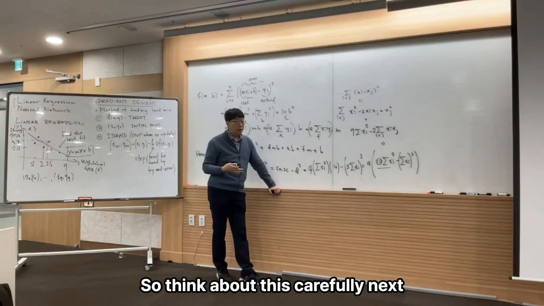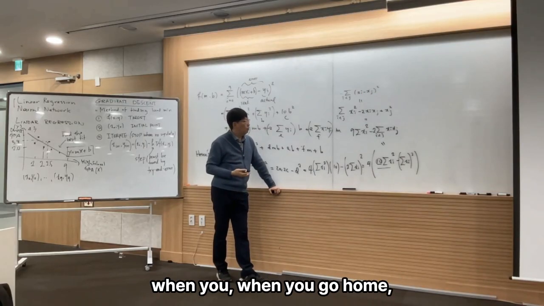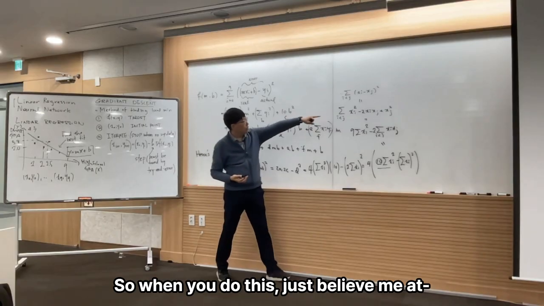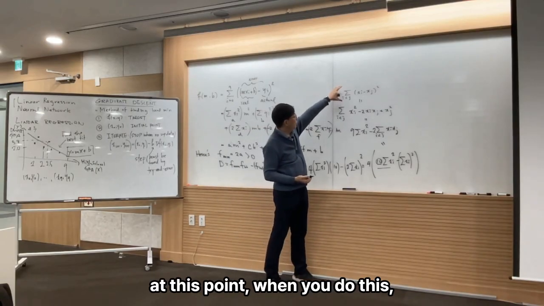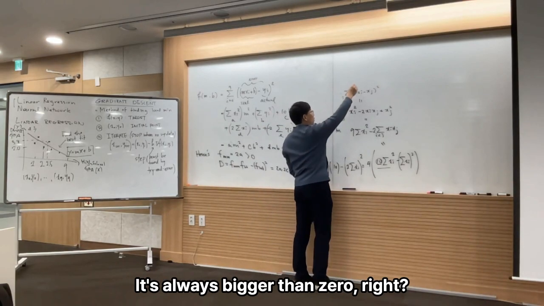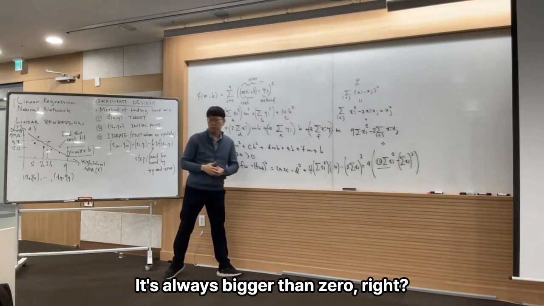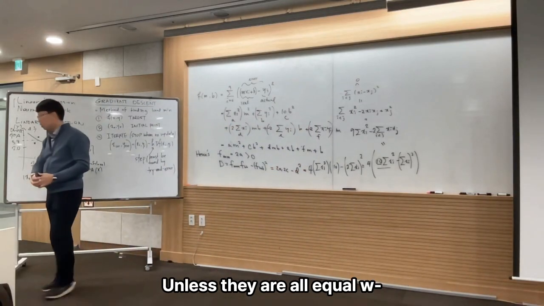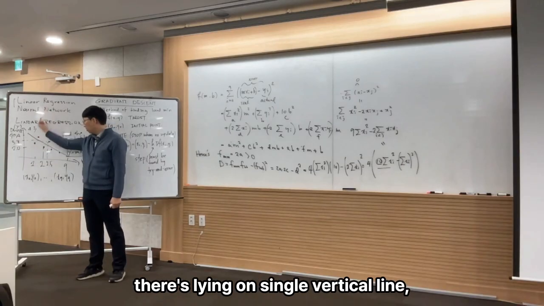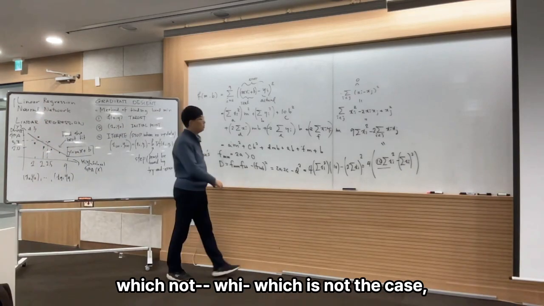So think about this carefully when you go home. Many people are confused about this, but just believe me at this point, when you do this, it's the sum of squares. It's always bigger than 0, right? Unless they are all equal. I mean, it cannot be, because if they're all equal, it's lying on a single vertical line, which is not the case.